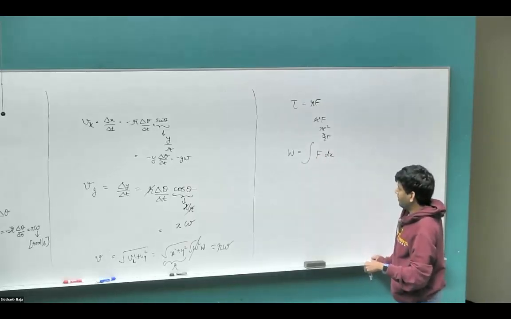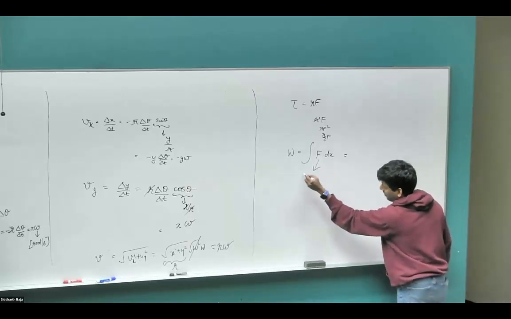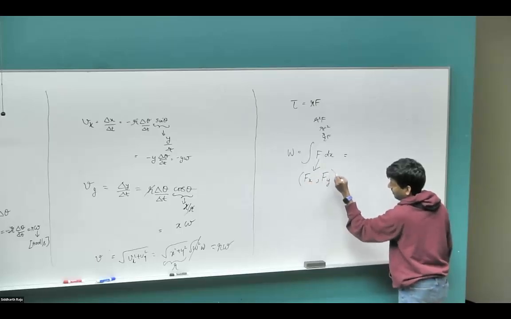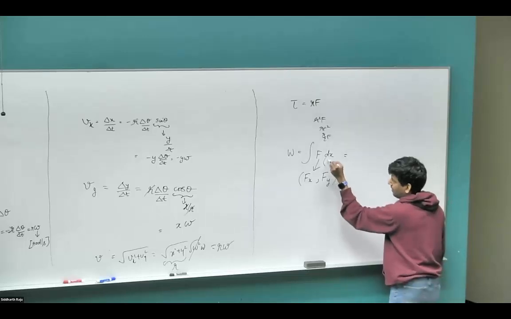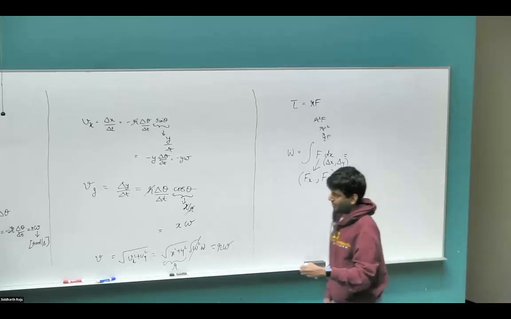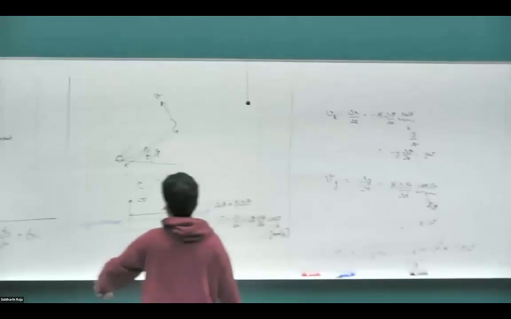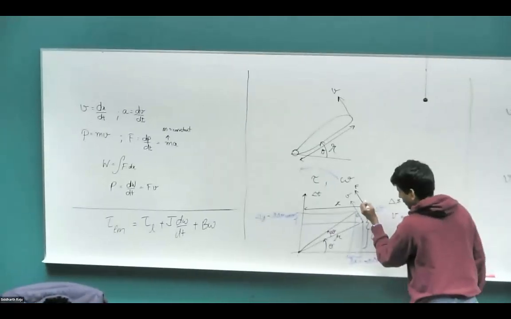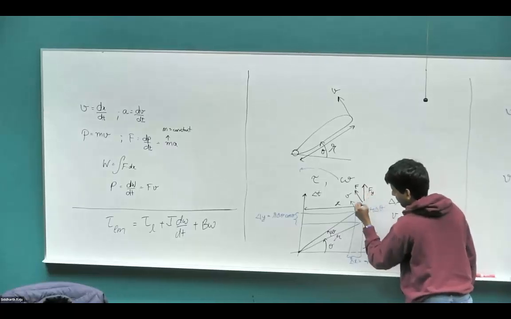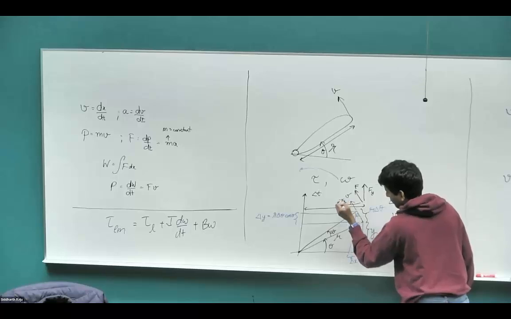This we have defined as integral F dot dx. And this itself can be broken down into two components, Fx component along the x direction and Fy component along the y direction. And this again can be broken down into two components, delta x and delta y. Right? So if we look at our diagram here, Fx would be, sorry, Fy would be this component, and this would be the negative Fx component, right?